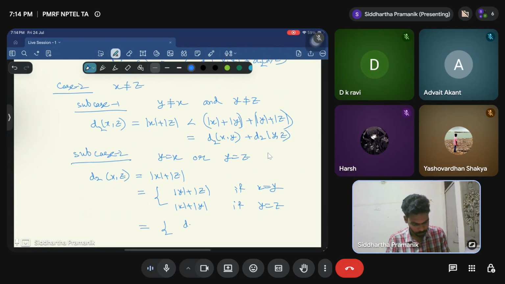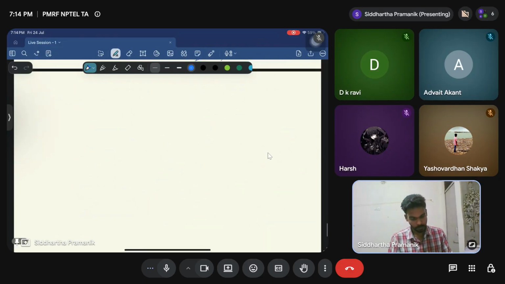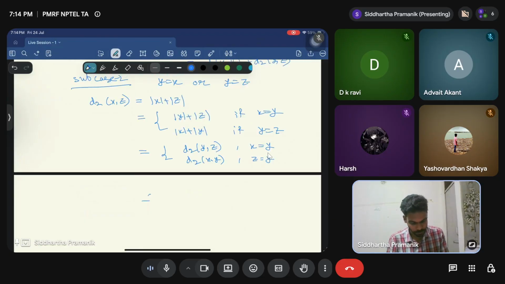So this is d2 y comma z, this is d2 x comma y. So in both cases, this is less than or equal to the sum d2 x y plus d2 y z.